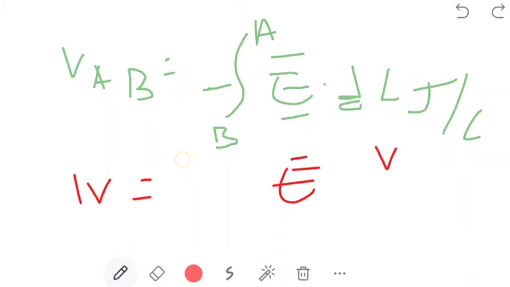That means 1 volt equals 1 joule per 1 coulomb. 1 joule of work for a unit charge, that is 1 coulomb. 1 joule per 1 coulomb, that is 1 volt.